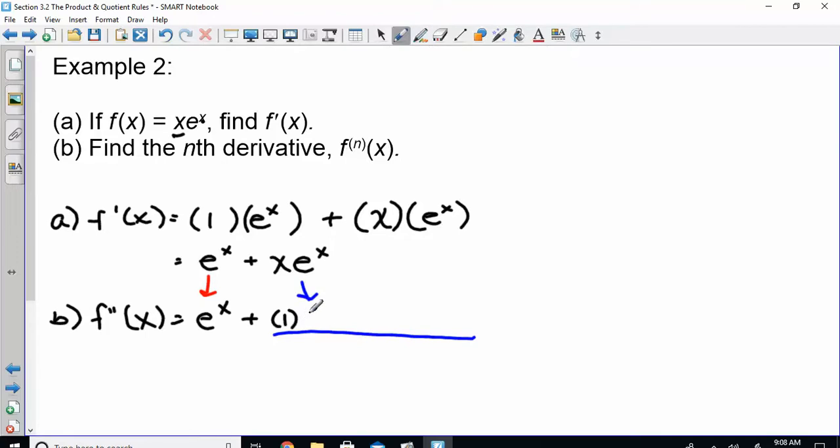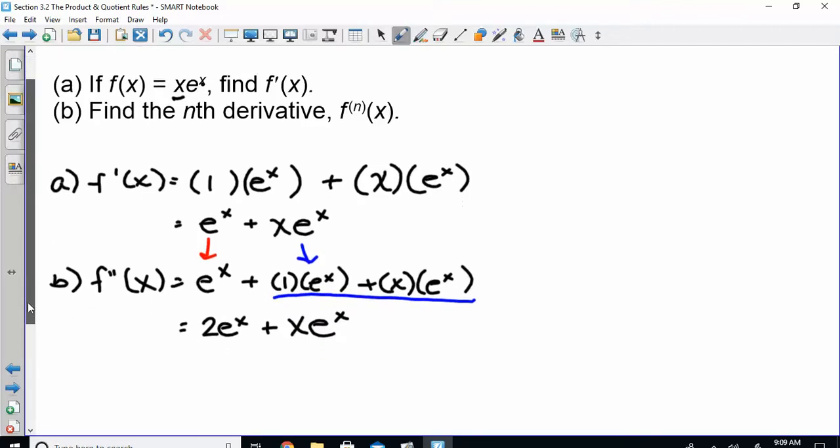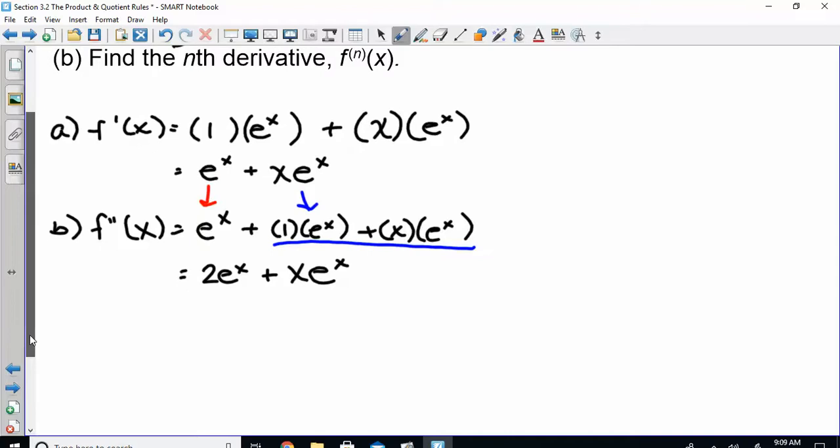So if you did product rule, derivative of the first times the second plus the first times the derivative of the second, and derivative of e to the x is still e to the x. So we get e to the x plus e to the x, which is 2 e to the x plus x e to the x. Do you guys see what happened?